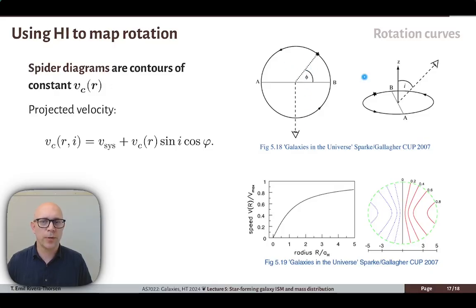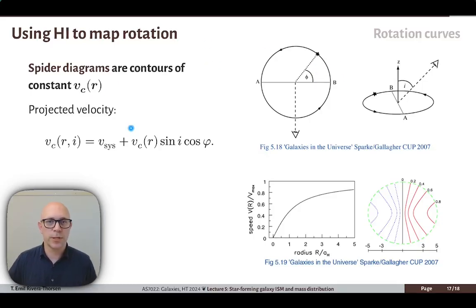But at any point in a rotation in such a galaxy disk, there will also be a transverse component, and we need to be able to correctly translate the observed line of sight velocity component to a true circular velocity component.